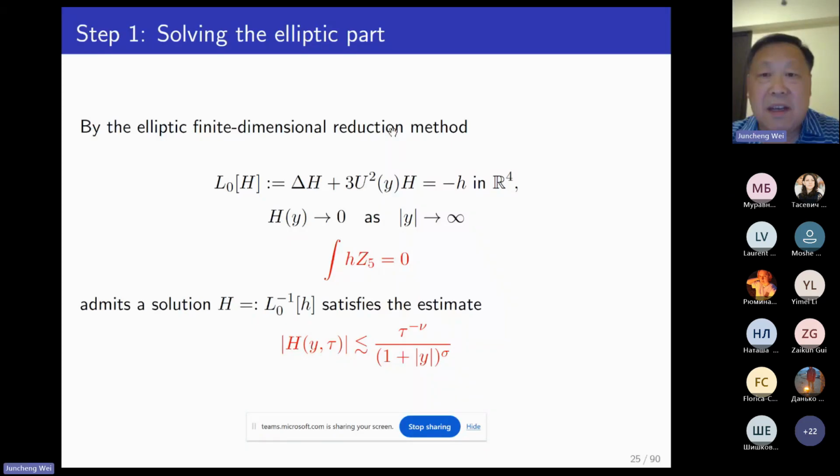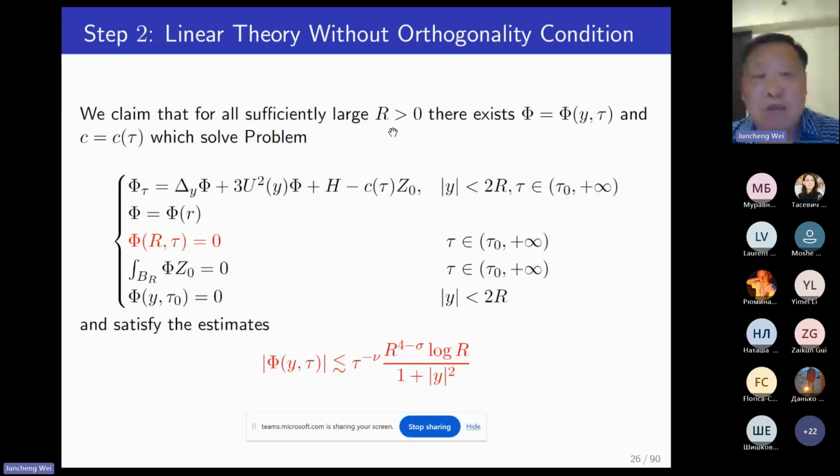And then what I do is I solve the parabolic problem with this solution to the elliptic problem. Now, for this problem here, I cannot impose any condition for H because I don't know, right? H only decays a little bit. And now, how do we find a solution? There are many ways to find a solution for this problem. So we found a solution with the diffusion boundary condition.